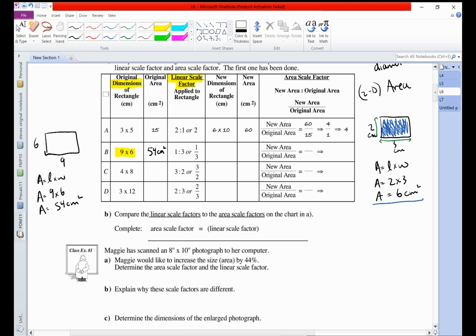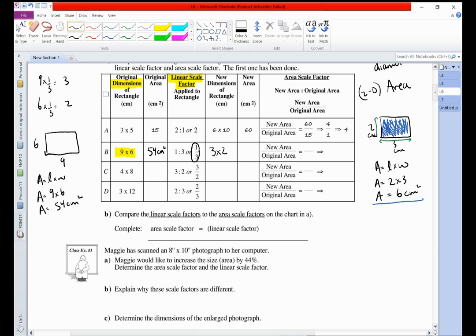So we are going to apply a 1/3 scale factor to each of those. 9 multiplied by 1/3 is going to be 3, and 6 multiplied by 1/3 is going to be 2. So our new rectangle is a 3 by 2. And it makes sense that it's smaller than the original because our scale factor is less than 1.